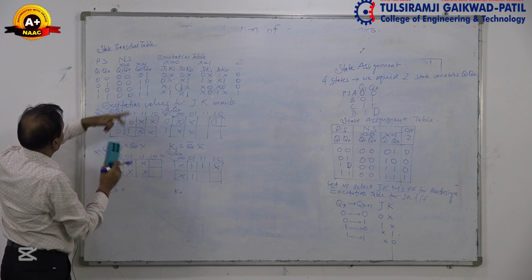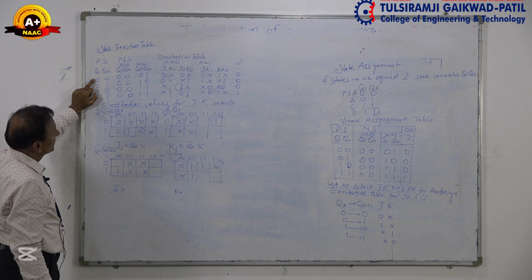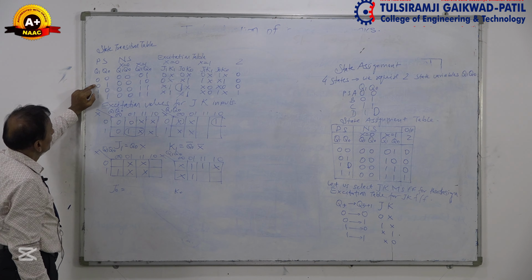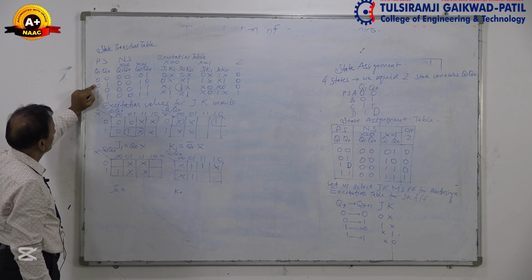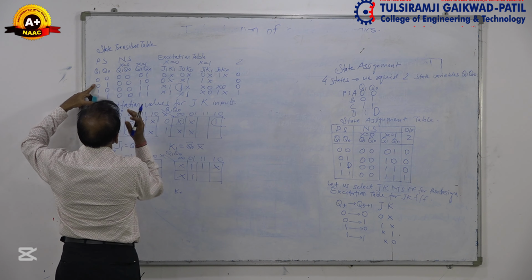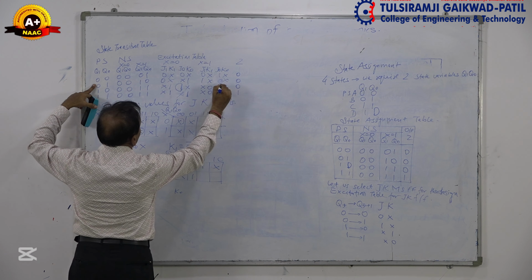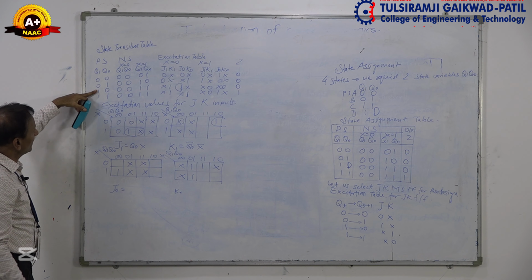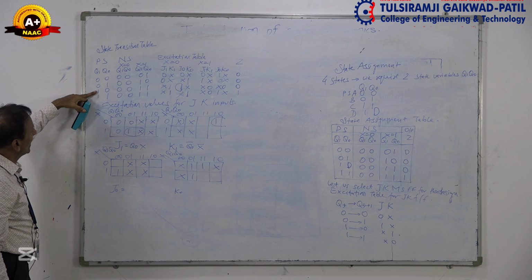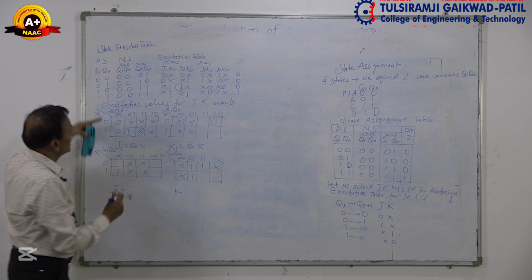And here it is 0 to 1, 1, don't care, 0 to 0, 0, don't care, and 1 to 1 is don't care, 0, and 1 to 1 again don't care, 0.